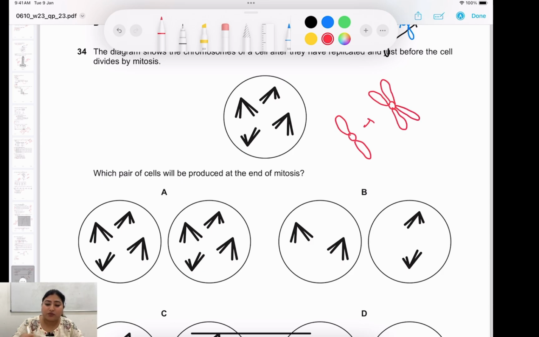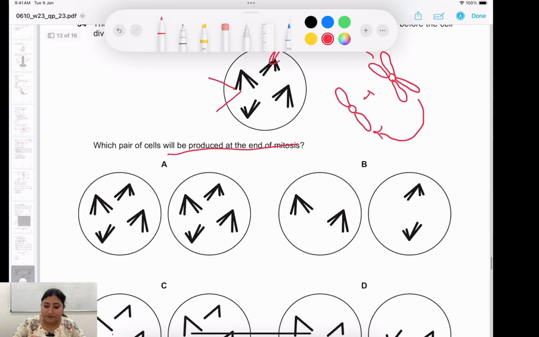Okay, so the chromosome is going to look something like this, which is the current state present here. Now when the cell division takes place, it will again be the same way. Basically what you have to see is that there should be one copy of each of these chromosomes in each cell. Let's see which option is suitable, and trust me, you have to keep in mind that it is talking about mitosis and not meiosis.